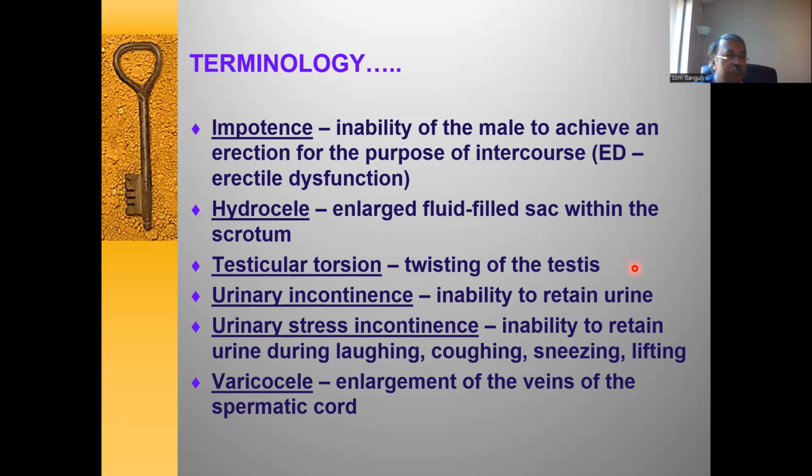That is why the surgeon will have to open and untwist it manually to repair the testicular torsion problem. This is also a quick surgery and you will find them done sometimes on an emergency basis.